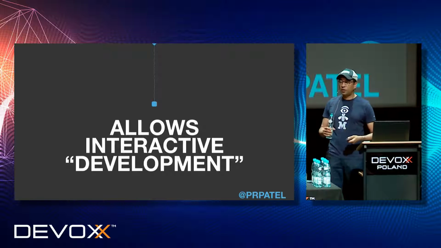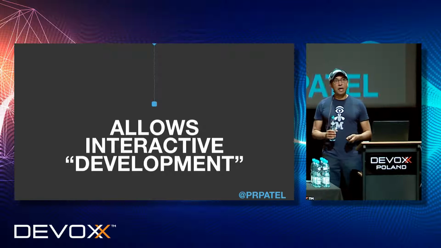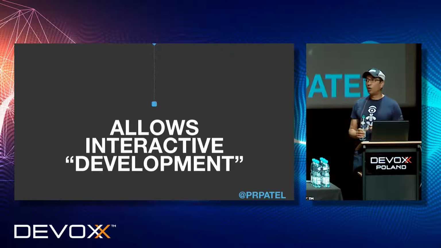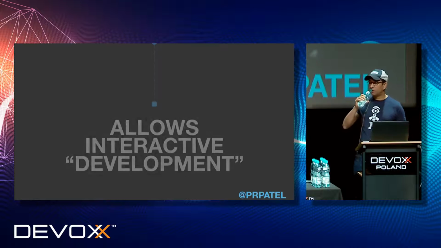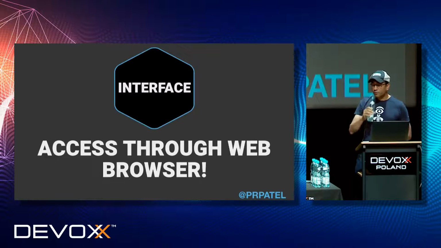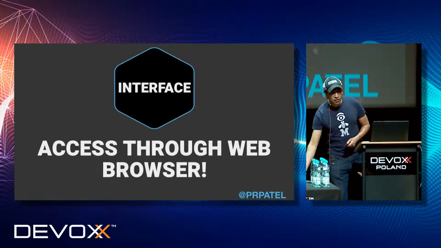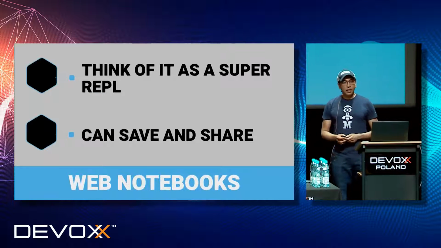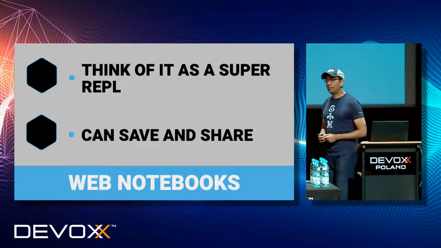We basically write stuff into a notebook, and we're able to immediately see the result of running some computation or some kind of graph or whatever. And of course, we access everything through a web browser. I like to think of a notebook as a super REPL.